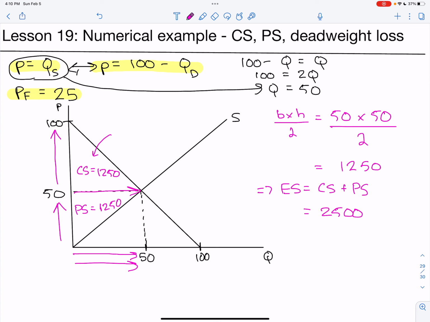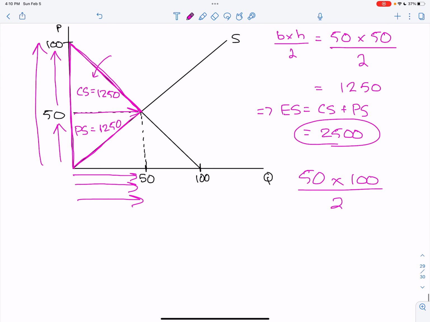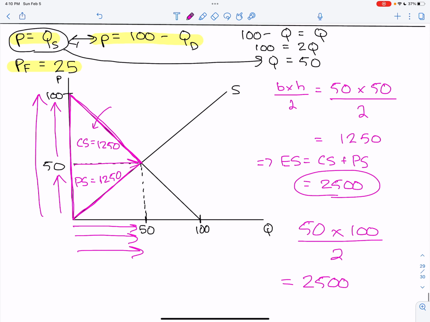Let's see if this 2,500 makes sense by calculating the area of this entire triangle. This is just a way of checking our answer. We don't actually have to do both ways, but why not? We have the time. Our base here is 50, and our height in this case is 100, divided by 2. 50 times 100 is 5,000, divided by 2 is indeed 2,500. So we've got that right.